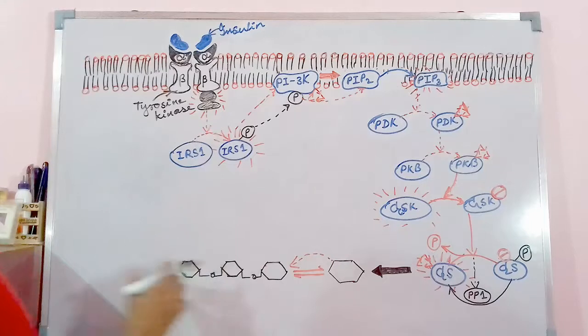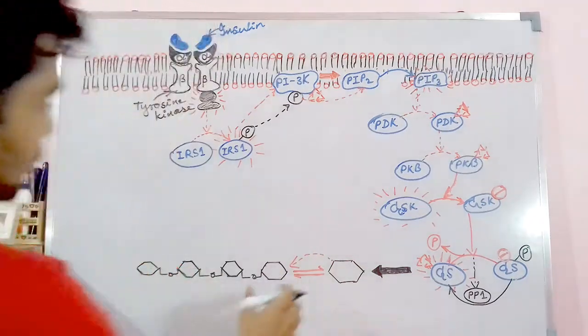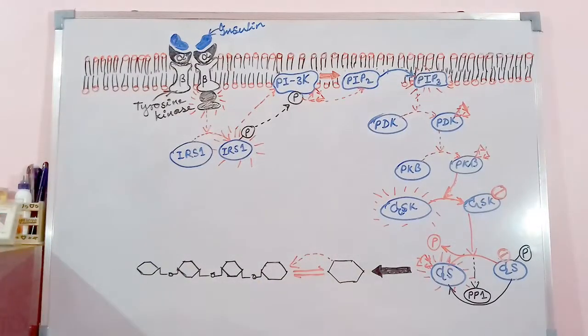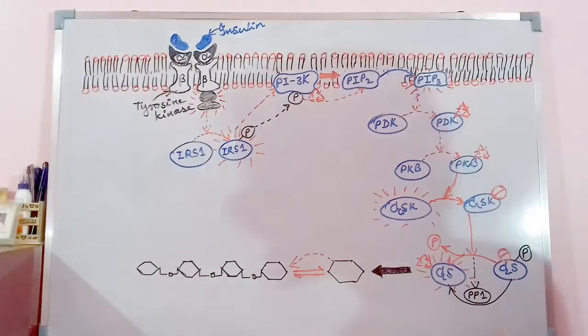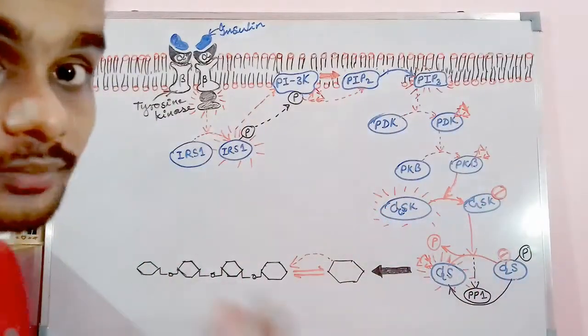Okay, so the chain continues like this. This is how the chain of the glycogen molecule having the alpha 1,4 linkage continues, and this is what the entire glycogen molecule looks like. Now the single units of glucose are getting converted to this glycogen molecule in the presence of the activated form of the glycogen synthase with the removal of the phosphate group, and thus the glucose is transformed into the glycogen.